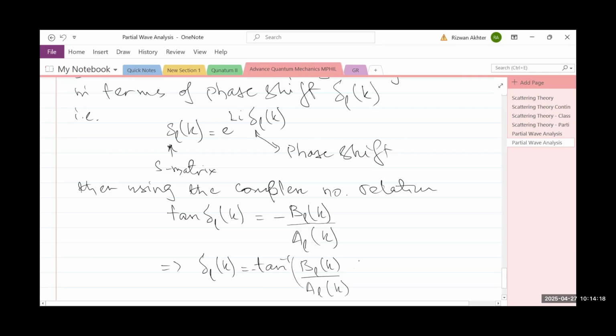So in fact this is the quantity that you call the phase shift angle.